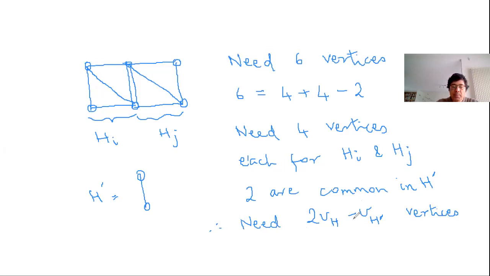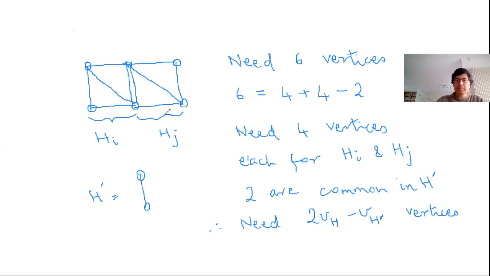Now, once we have chosen those 6 vertices, in how many ways can we put this pattern upon them? That depends on 6 factorial divided by the size of the automorphism group of this particular pattern. But we don't care about that. Those are all constants.